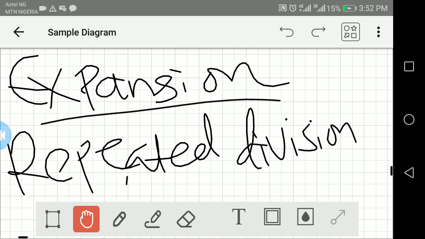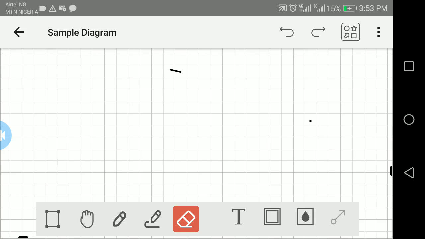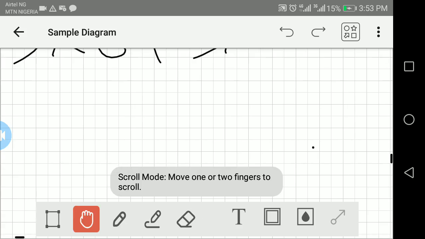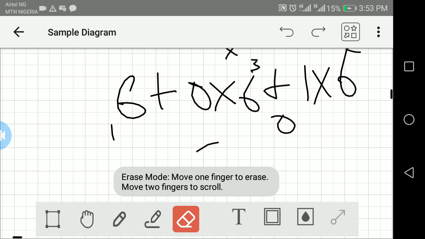That is, if you're converting from base 10 to any other base, you use repeated division. When you're converting from any other base to base 10, you use the expansion method. Okay, all right, let's take this off.